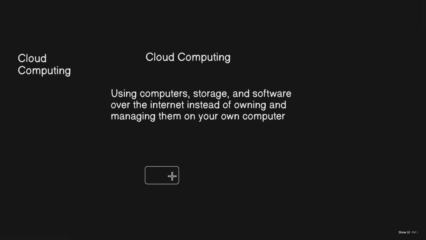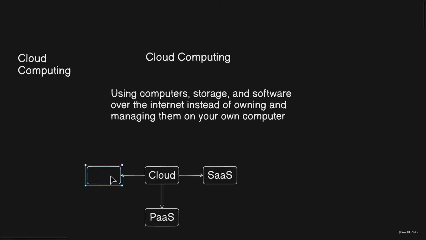I'll say cloud, and there are three main types of services. First is SaaS. We'll understand all of this. Other is PaaS. And the other one we have is IaaS. So let me talk about SaaS, PaaS, and IaaS.